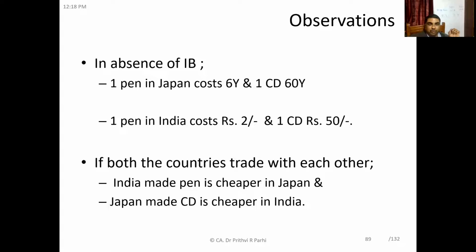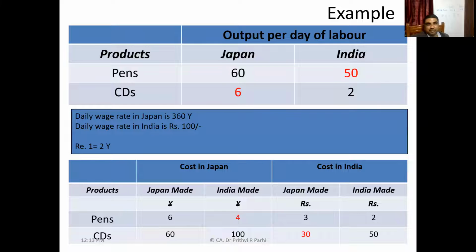If both countries trade with each other, India made pens are cheaper in Japan and Japan made CDs are cheaper in India, which you have already seen. Yes or no?